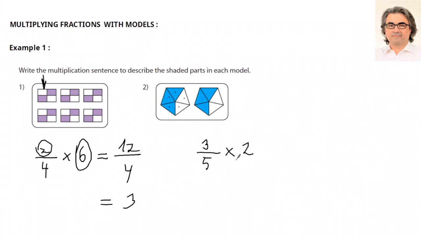Again, finally, multiply 3 with 2 and the result is 6. Write 6 as the numerator of the fraction and 5 is the denominator. Now this is another model for multiplying with fractions.